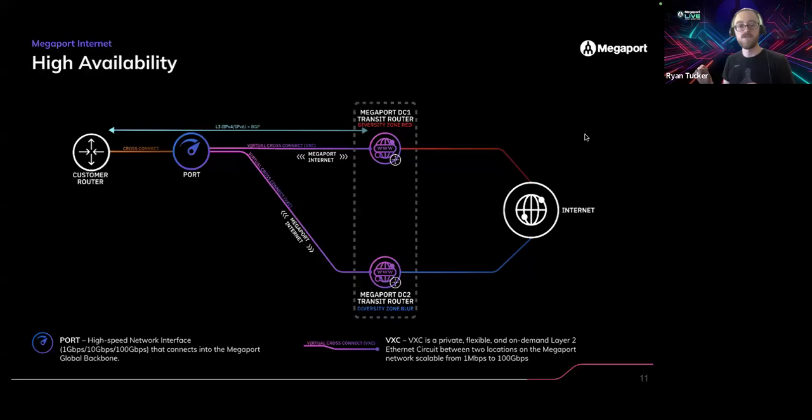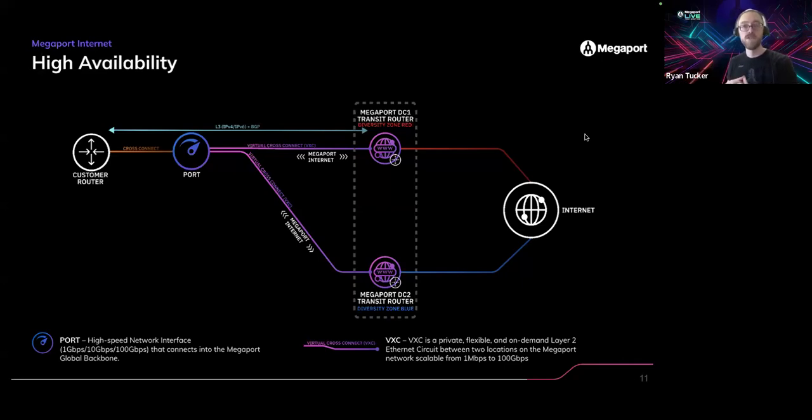And so you can terminate that onto the red zone or the blue zone within the metro that you're in. We run those two zones in each metro, which are two different data centers, two different physical locations, two different physical sets of hardware. So that's how you can have that resiliency as far as the actual internet service side.